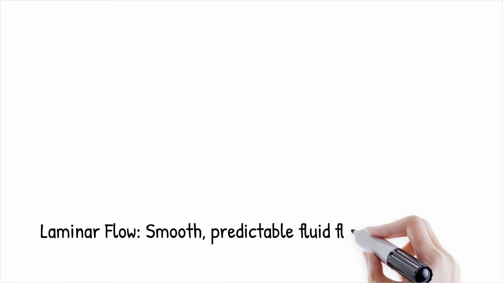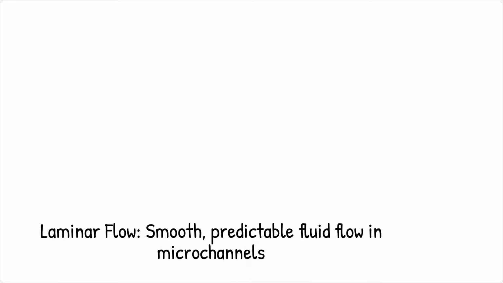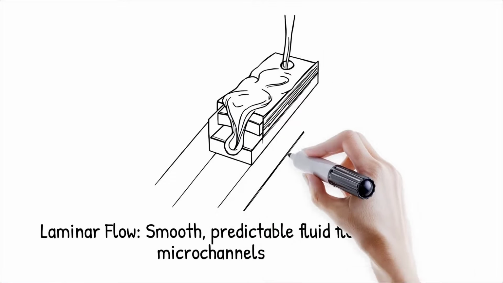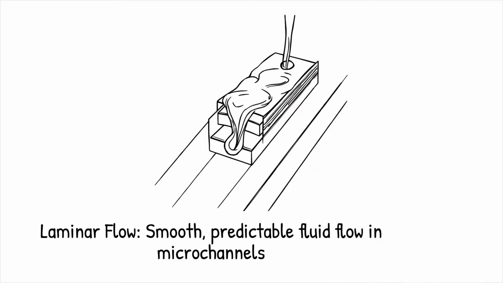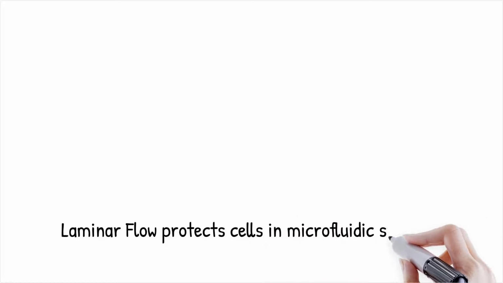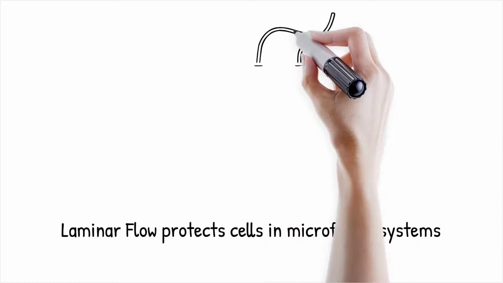Due to the small dimensions of microfluidic channels, fluid flows predominantly in a laminar regime, meaning there is minimal turbulence, and molecules move in parallel layers. This allows precise control over mixing, diffusion, and transport of chemical or biological samples. The low Reynolds number characteristic of microfluidic flows ensures predictable and stable behavior, which is crucial for applications such as single-cell analysis and controlled chemical reactions.